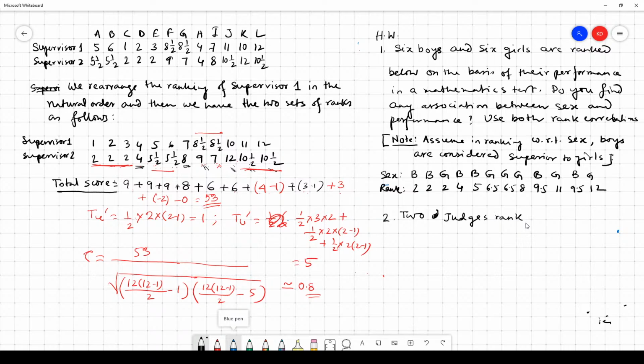Two judges rank a number of competitors in a certain art competition as follows. 1, 2, 3, 4, 5, 6, 7, 8, 9, 10, 11, 12.